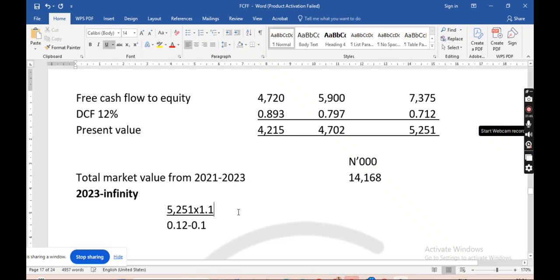And don't forget the present value: the DCF times the last year DCF. You can copy this and use it here. So this will give us the infinity.